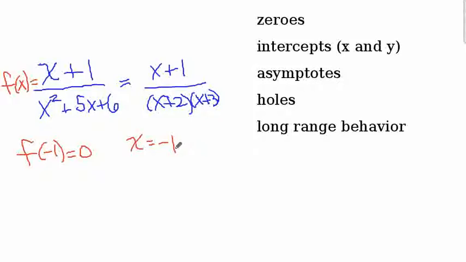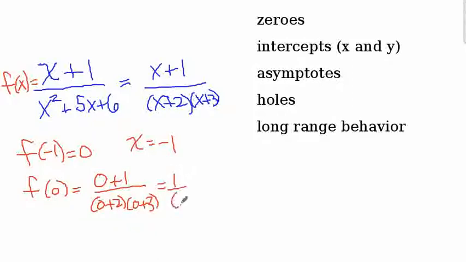Now, to get the y-intercept, we plug in 0. If we do that, we get 0 plus 1 divided by 0 plus 2, multiplied by 0 plus 3, that gives 1 over 6.